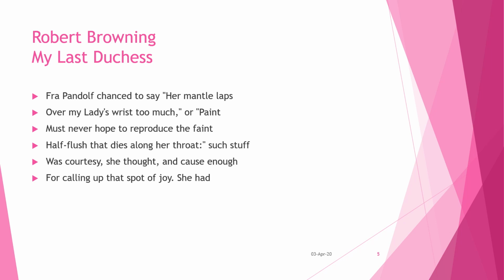Paint must never hope that it will be able to reproduce the same colors on her face. Paint doesn't have that power. The colors on her face are lively, are stronger than the paint itself. So paint here is personified. It mustn't obtain hope.